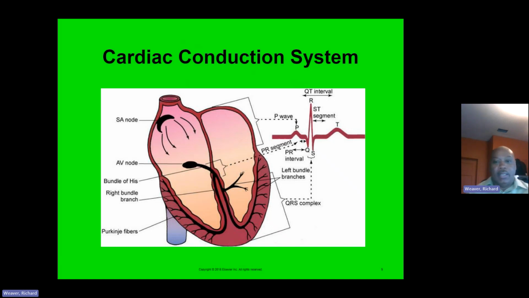So basically, the electrical system innervates, or affects, the cardiac muscle. Think about this: you can have electrical activity without muscular contractions, but not the other way around.